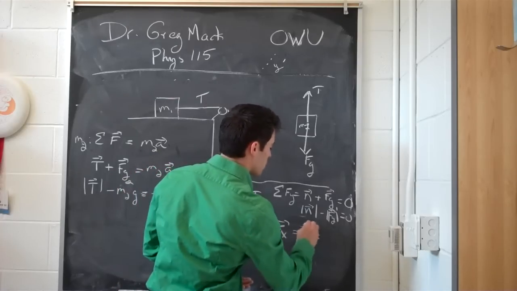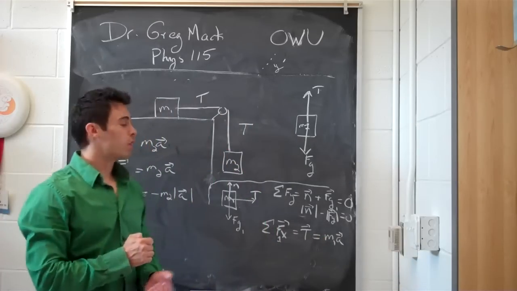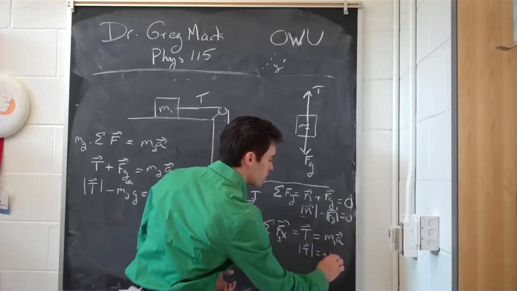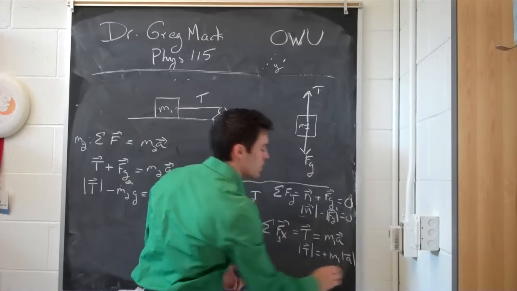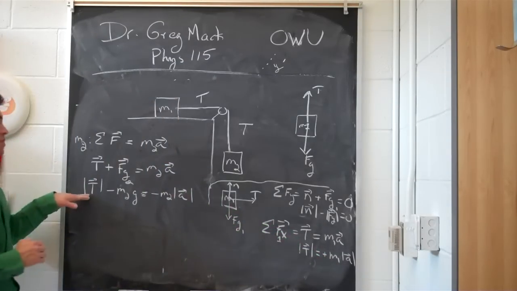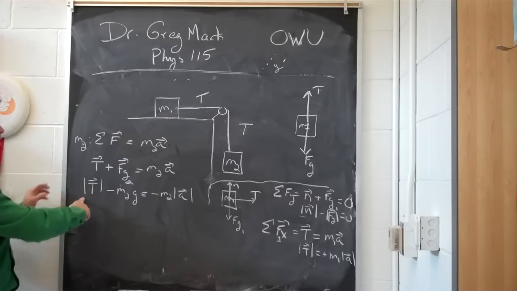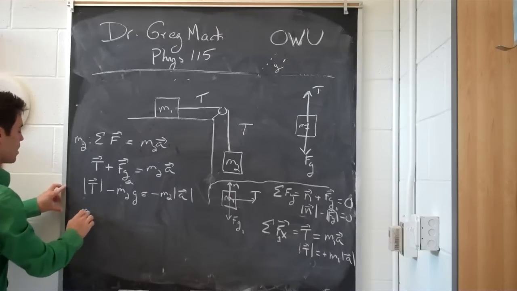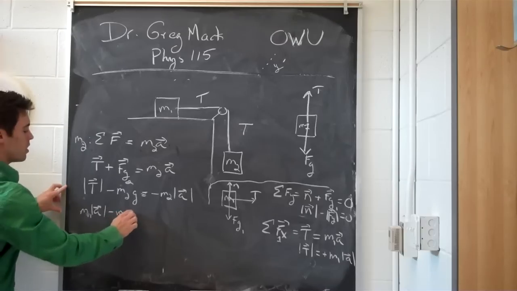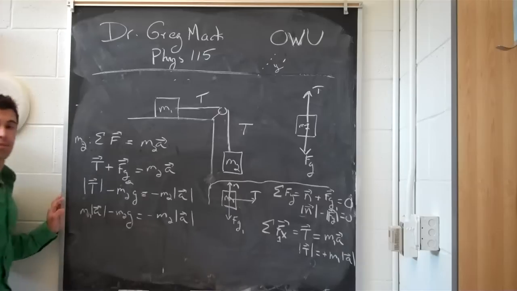So that tension is equal to M1 times A. If I plug in the directions, the tension is still equal to positive M1 times A. So tension equals M1 times A, and tension minus M2G equals minus M2A. Look, I can plug that T into here. And so I have M1 times A minus M2 times G is equal to minus M2 times A.